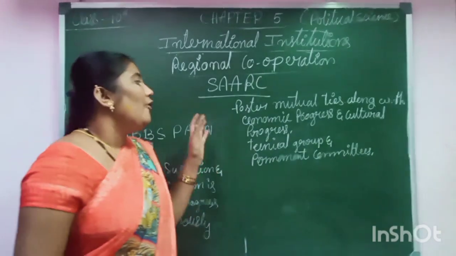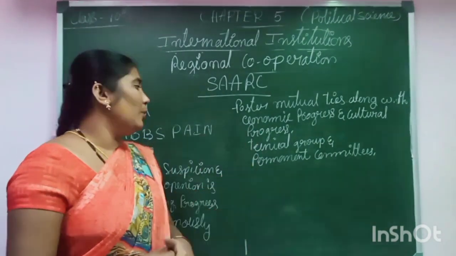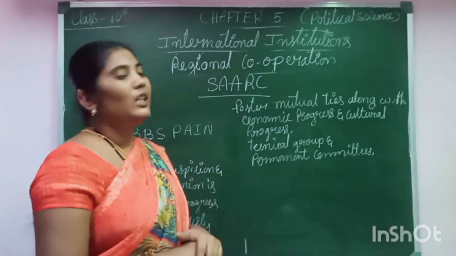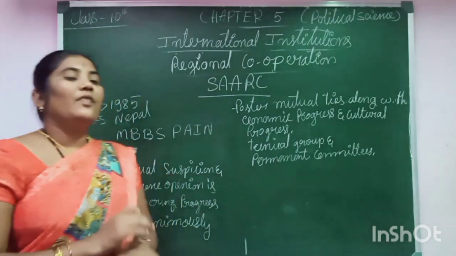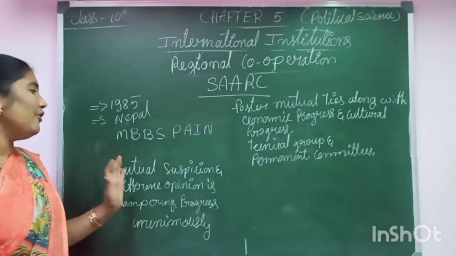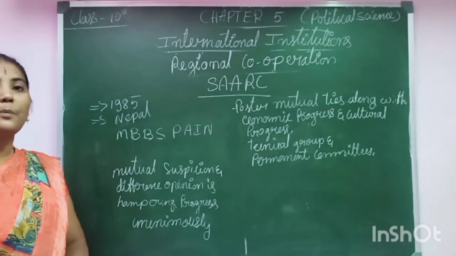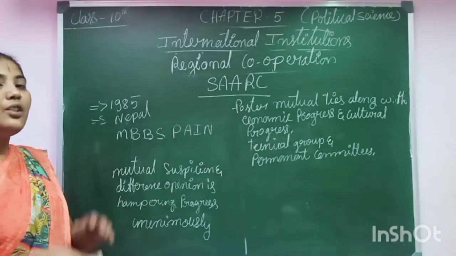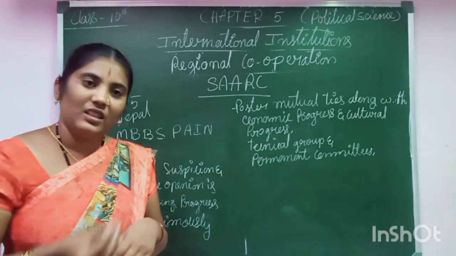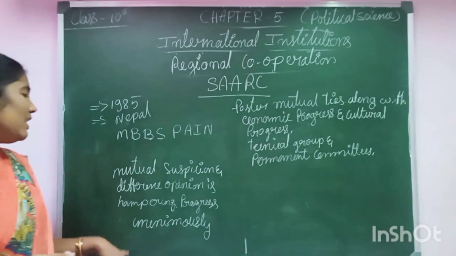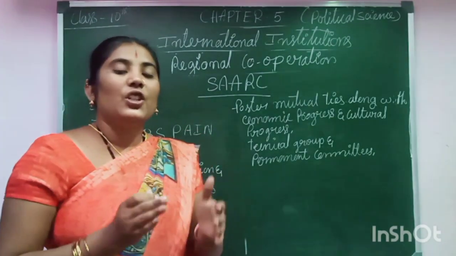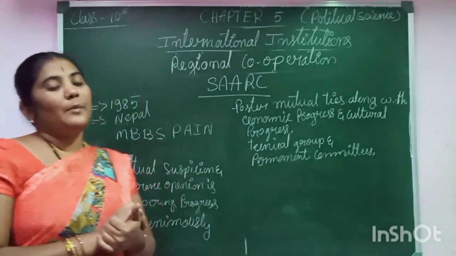For that purpose it has a technical group and also a permanent committee to achieve all its aims. But here we can see that mutual suspicion and differing opinions are hampering the progress of SAARC. It has one rule: decisions are taken unanimously.